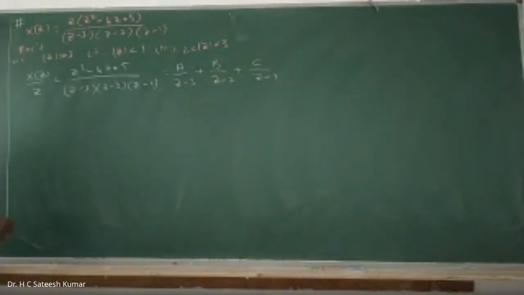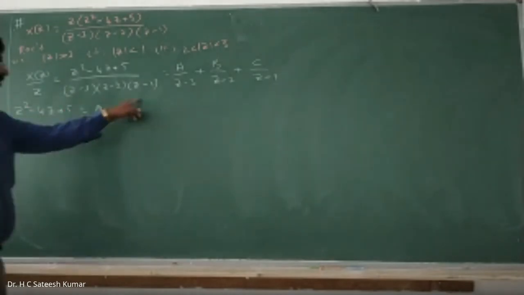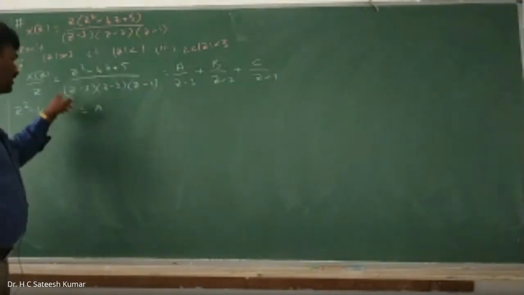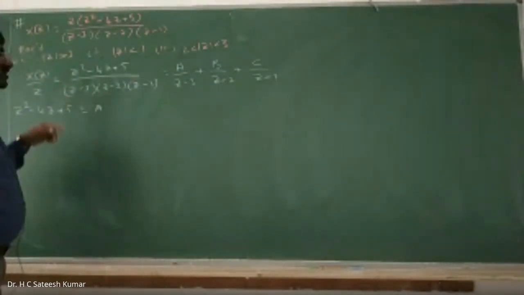Okay, right. So now you go for partial fraction. Taking the LCM, z square minus 4z plus 5 is equal to a into, divide the LCM by this denominator. If you divide by z minus 3, what is left out?